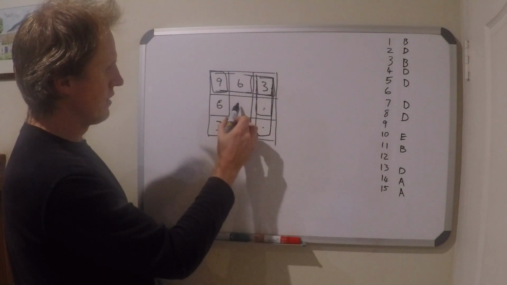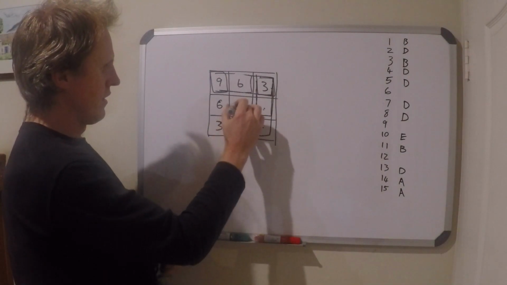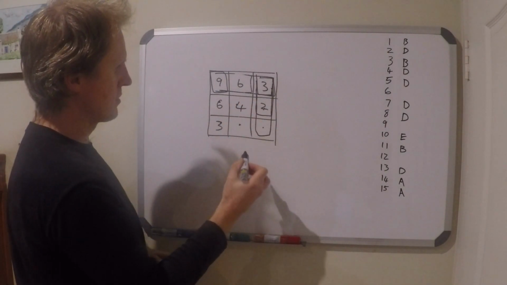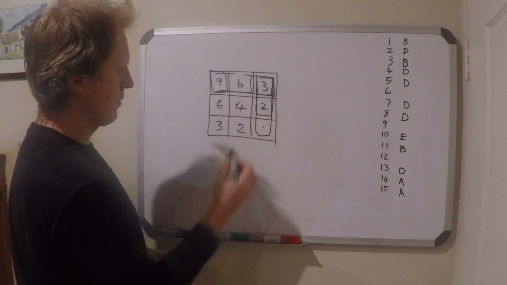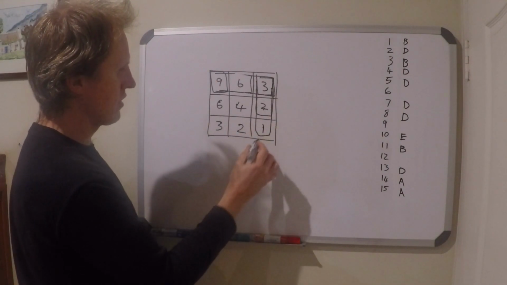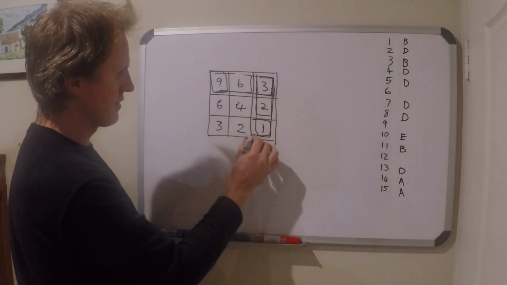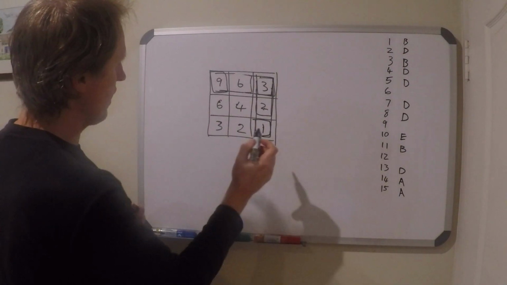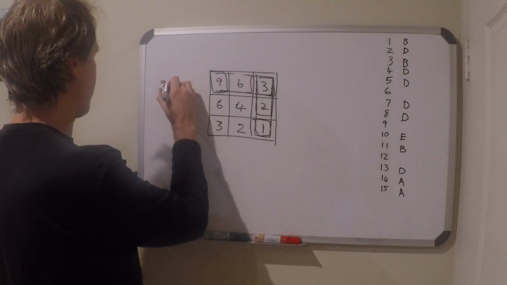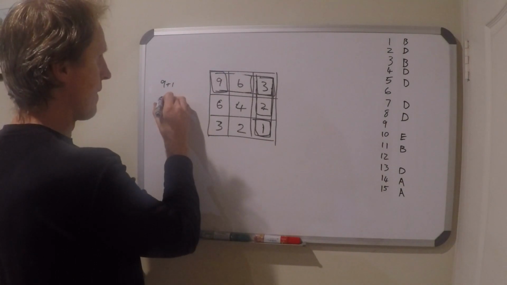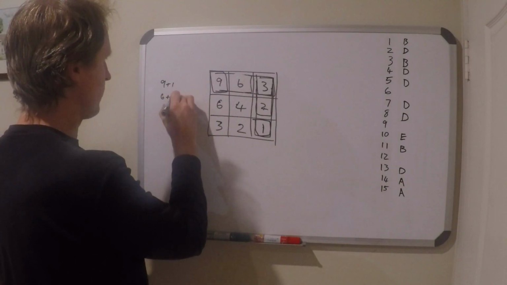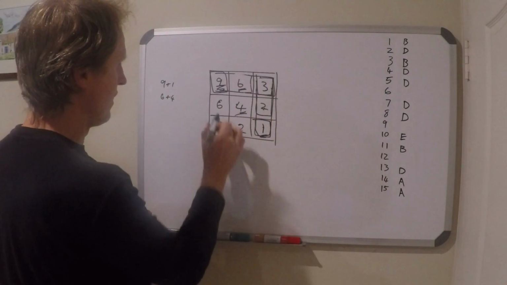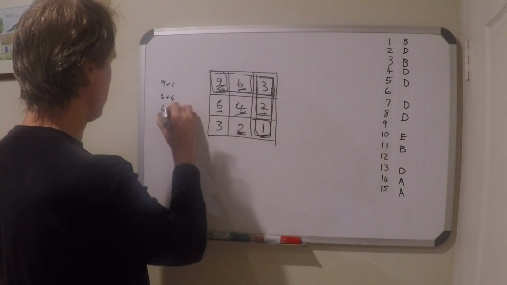From this corner, if this is the top left, there are 4 options. If this is the top left, here we've got 2 options, and there we've also got 2 options, and then here is only 1. Obviously, that is that square. So let's quickly add all of this up. 9 plus 1, 6 plus 4, so let's scratch them out as we go. 6 and 4 is 10, 6 and 2 and 2.